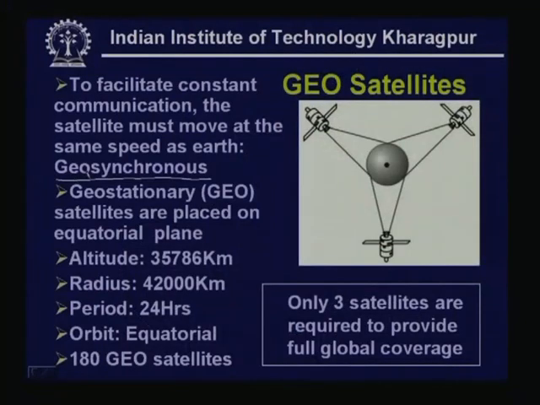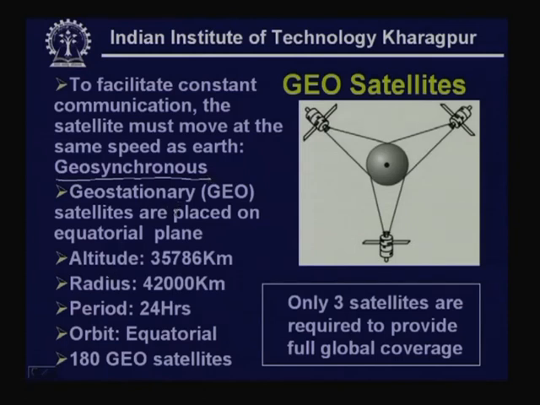So, you have to keep track of it, you have to compensate for Doppler effect and other things. But if it is so positioned that its movement is stationary with respect to a point on the earth, then it is called geostationary geosynchronous satellites.